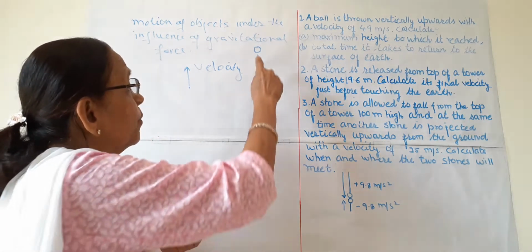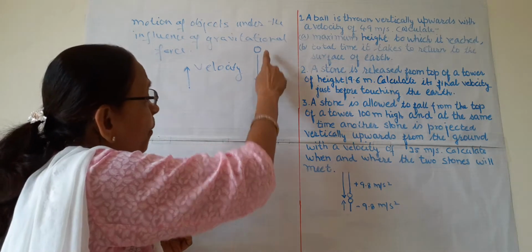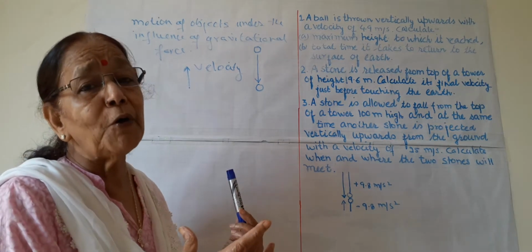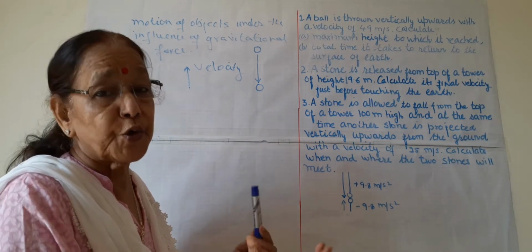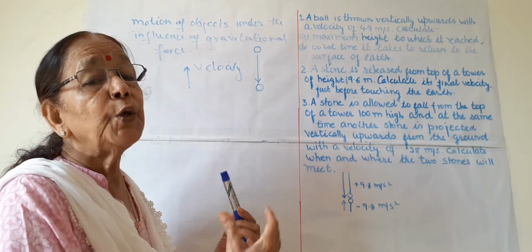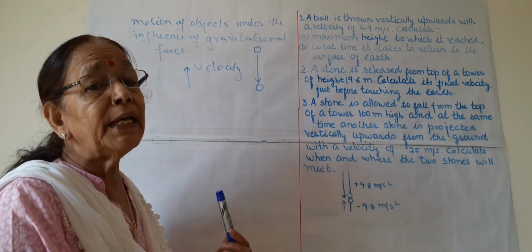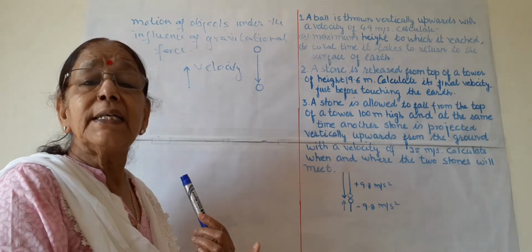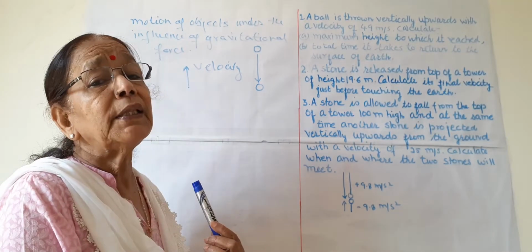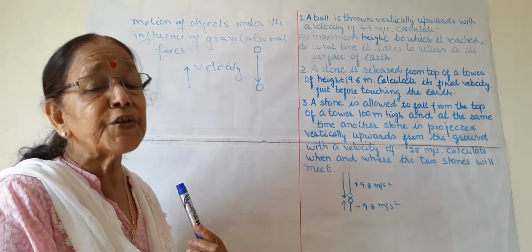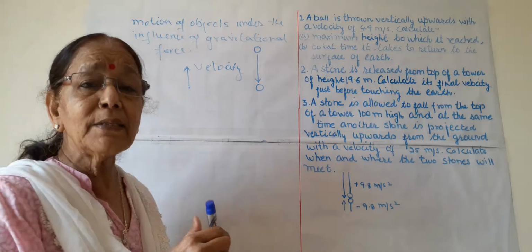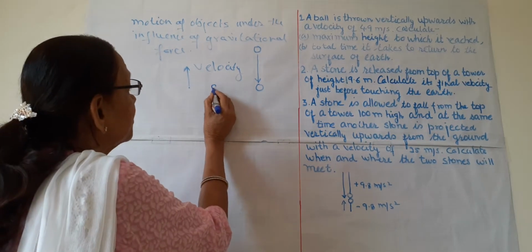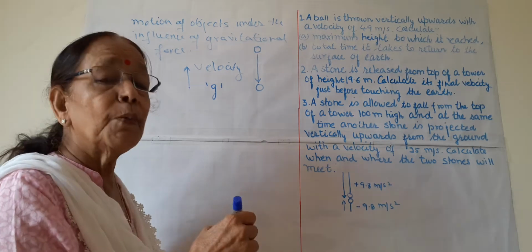That is the motion of any object from top to bottom. When it is coming towards the earth, it is uniformly accelerated motion. This motion is known as uniformly accelerated motion. And we also know that this acceleration, which is due to the gravity of earth or the gravitational force of earth, is known as acceleration due to gravity, and it is denoted by small g.